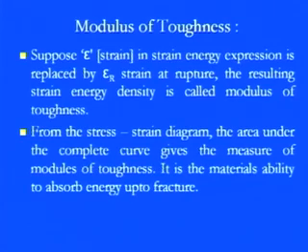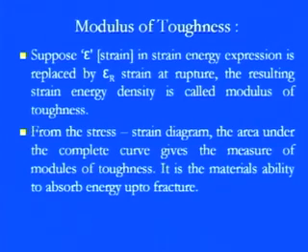The resulting strain energy density is called the fracture modulus of toughness. Earlier, in the modulus of resilience, we kept the region within the yield point only, from the starting point. Now we are going up to the rupture point.